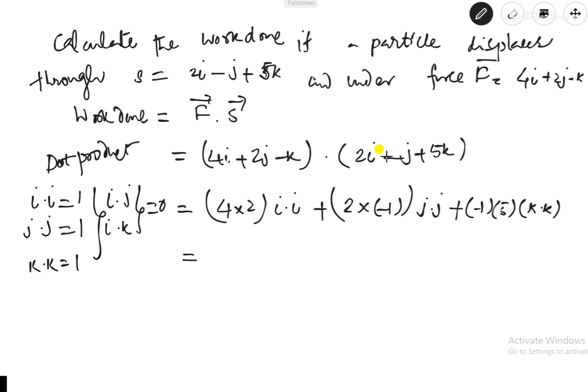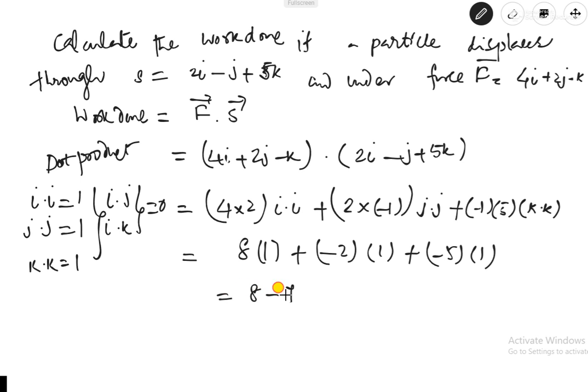So we are not multiplying the other terms. This is 8, plus minus 2 into 1 for J, and this is minus 5 into 1. This is equal to how much? 8 minus 7, that is equal to 1 joule or 1 newton meter, because this is in newtons and this is in meters. So 1 newton meter is equal to 1 joule. This is the unit for work done.